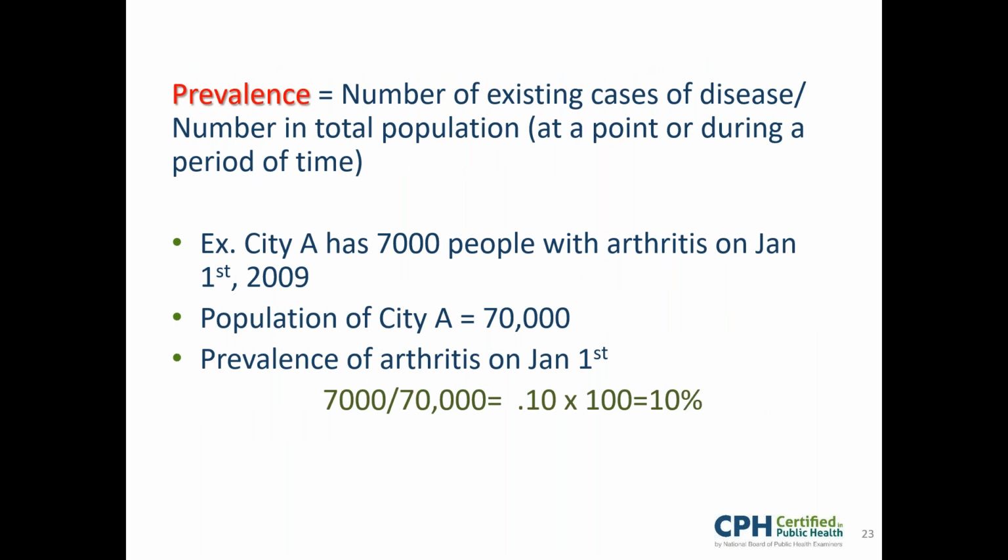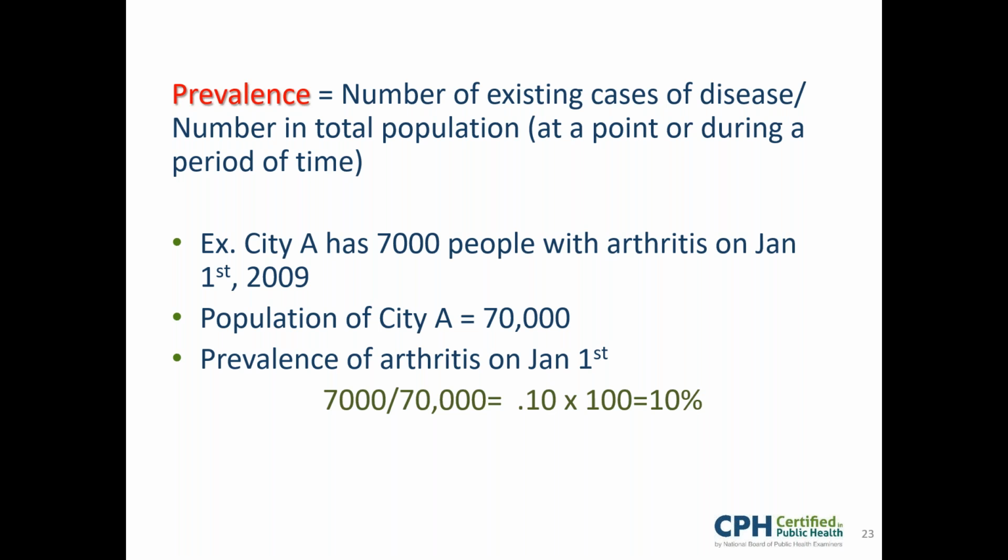On to prevalence. So again, prevalence is the number of existing cases of disease over the number in the total population. If we're looking at it at a particular point in time, that would be point prevalence. And we'll talk a little bit more about that later. So for example, City A has 7,000 people with arthritis on January 1, 2009.